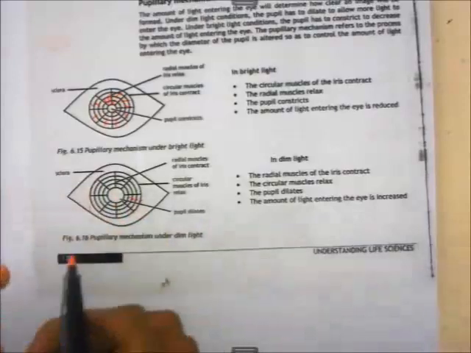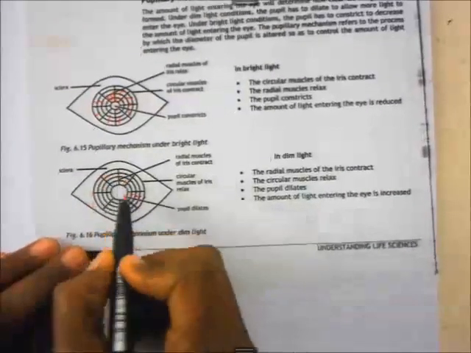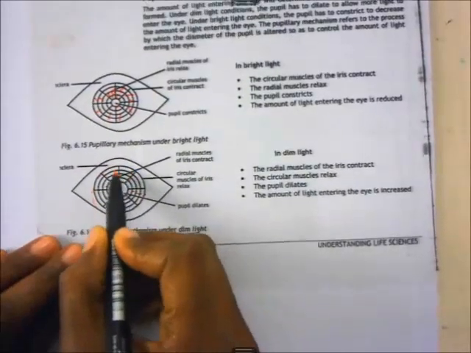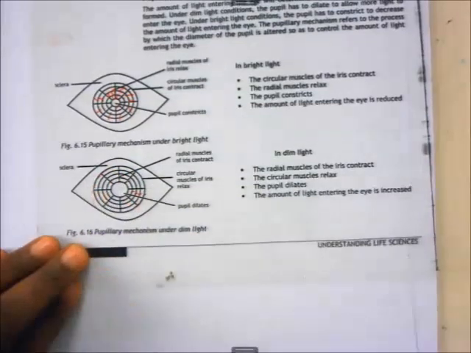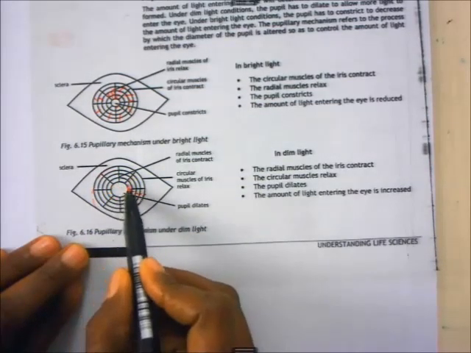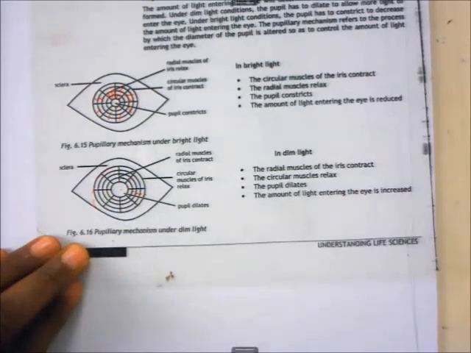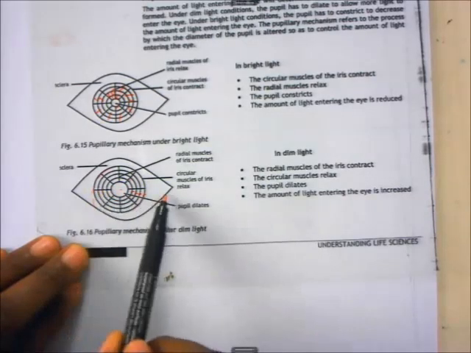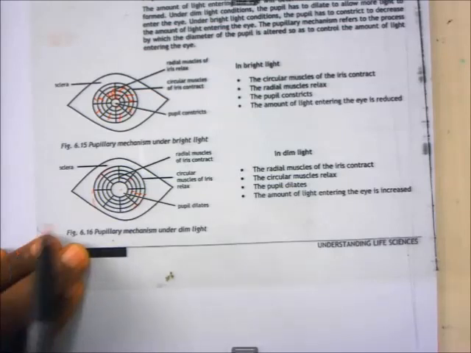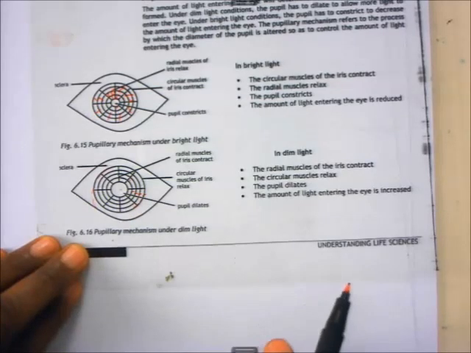That is, they will pull backwards a little bit, and then the radial muscles will start to relax. This will make the size of the pupil bigger, and then enough light will enter the eye, and then the person will be able to see in the dark.